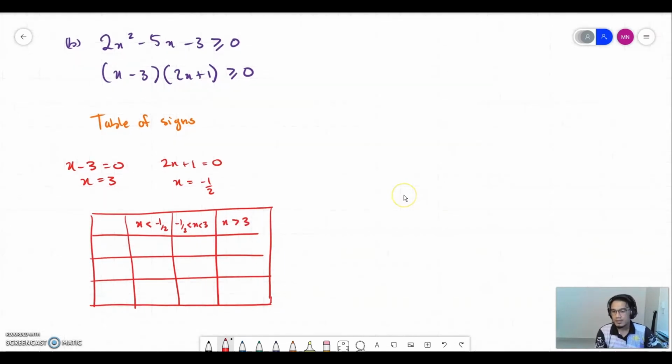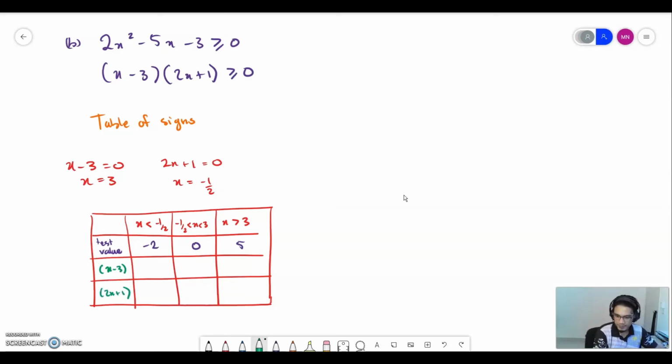Now let's choose our test values. Where x is less than negative 1 over 2, we take negative 2. In between negative 1 over 2 and 3, we take 0. Bigger than 3, we just take 5. Our first factor is x minus 3, and then 2x plus 1.